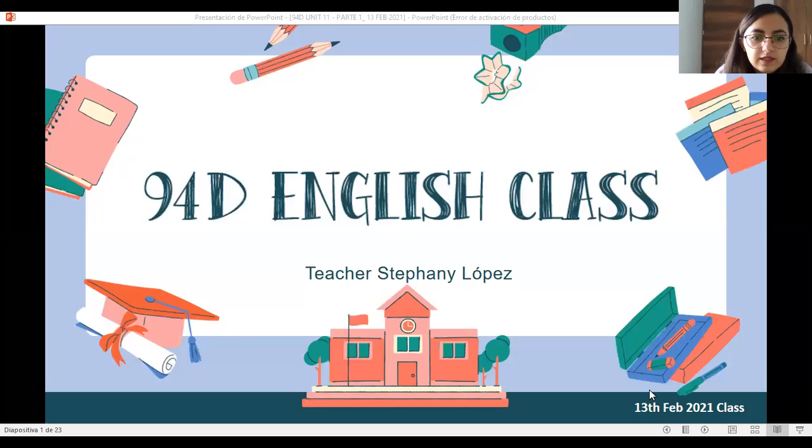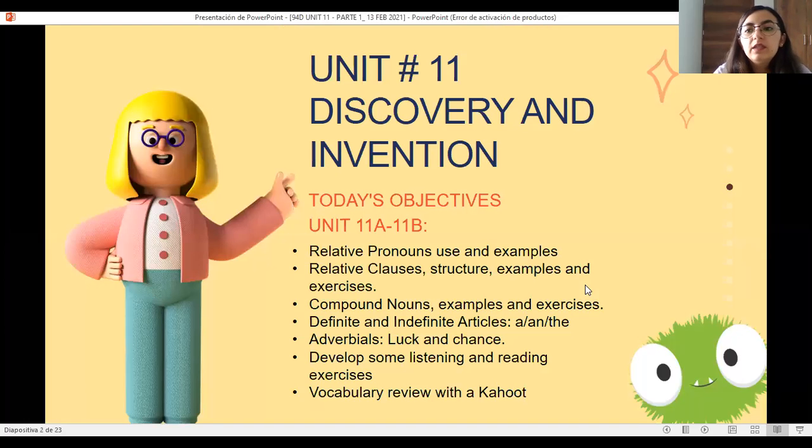And we're going to start with a little bit with the objectives of this week, guys. What are we going to see? Remember that this week we are starting a new unit. So we will be talking about discoveries and inventions. This is the main topic of Unit 11.